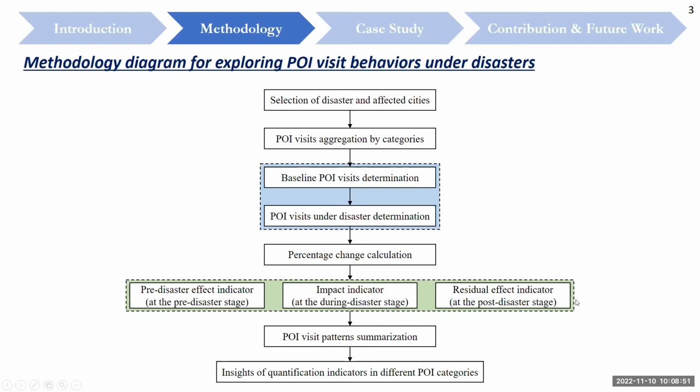In the following slides, I will explain how we define these different stages. Comparing these three indicators, we can capture the POI visit patterns of a specific geographic area under the influence of disaster. And by comparing different geographic areas and different POI categories, we can get insights into resilience.